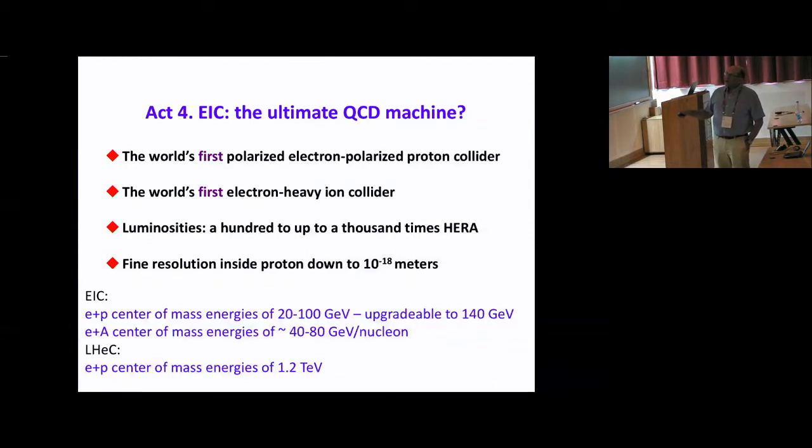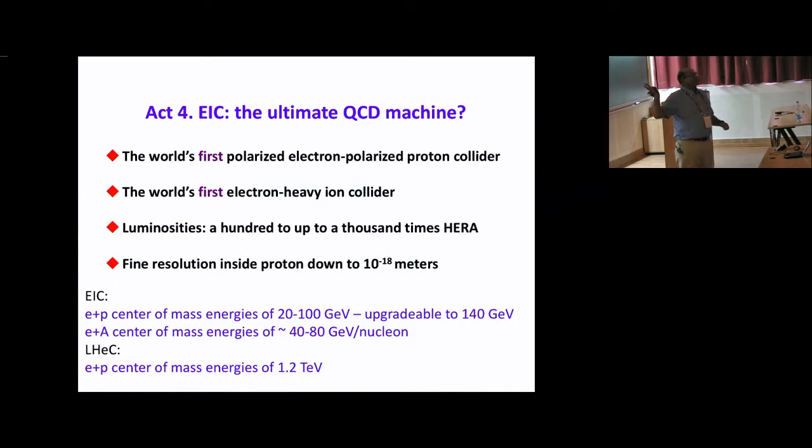And so the electron-proton center of mass energy would be up to 100 GeV, upgradable to 140 GeV. Just to give you a sense, HERA was about 320 GeV, so the energy of HERA was about 2.5 times greater. So it doesn't compete with HERA in energy, but it has polarization, it has ions, and it has much higher luminosities. So it can also do nuclei, and so on.